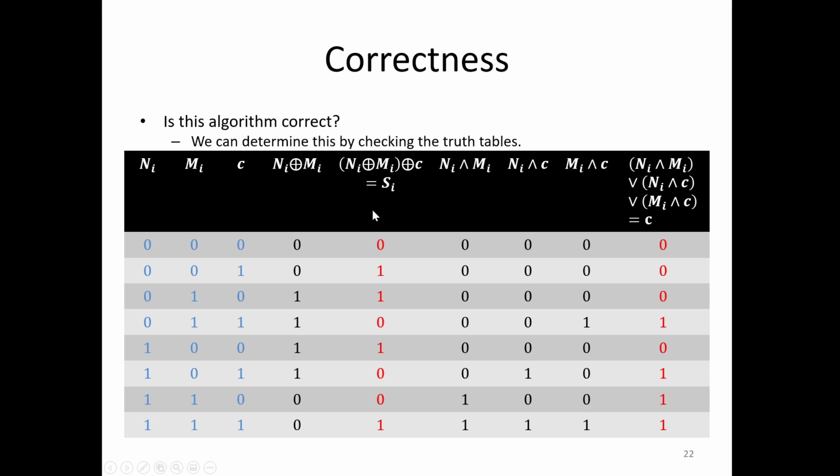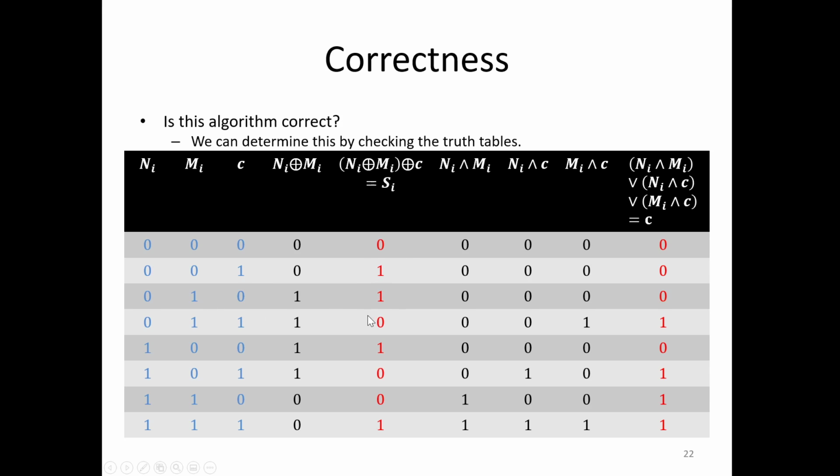And so maybe let's go through this very quickly. If the two bits that I'm trying to add together are both zeros, and the carry from the last round is also 0, well, then the current sum would be 0. Maybe the next one down, if the two values I'm adding together are zeros, but I do have a carry from the last round, then my sum bit is 1.